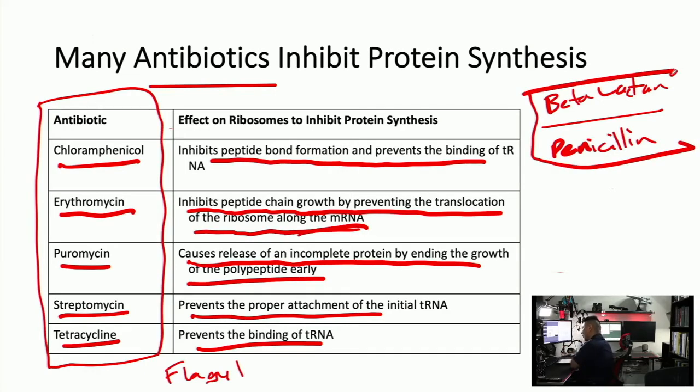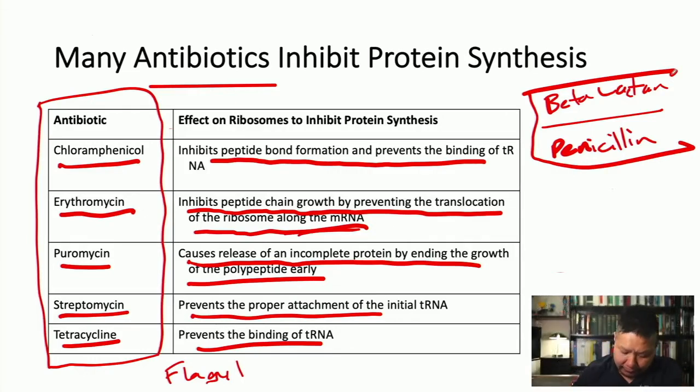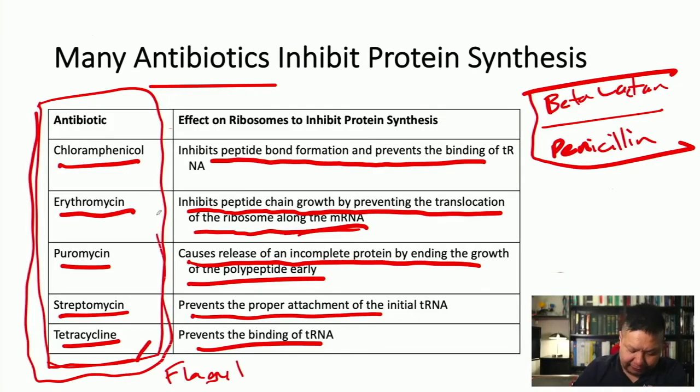They act on the cell wall, preventing the peptidoglycan cell wall of bacteria from growing. Whereas these protein synthesis ones actually prevent the proper formation of a peptide chain to turn into a protein, right? And then there's Flagyl, which actually inhibits DNA synthesis. Dangerous stuff, right?